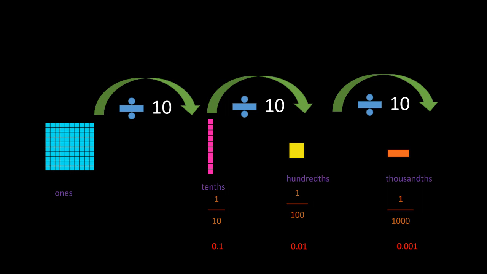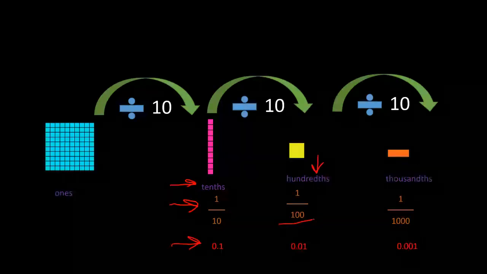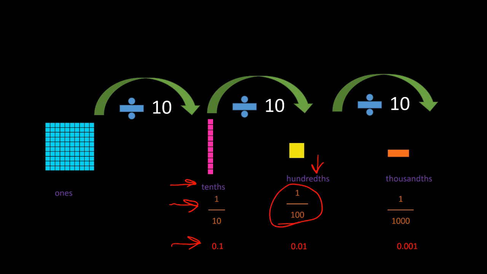So underneath each of our decimal value places, I've also written in, so we have our value place, we have what it looks like in a fraction, and then what it looks like in a decimal form. Please take a look at this. When we look at our hundredths, we can see that this is what the fraction looks like for 1/100th.